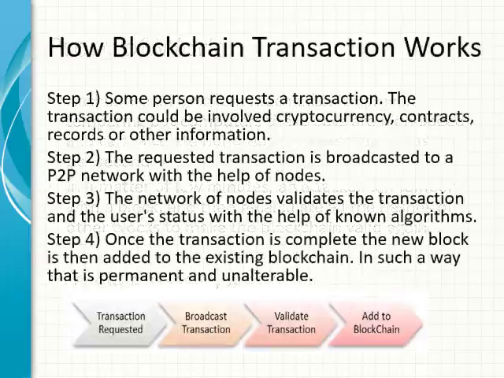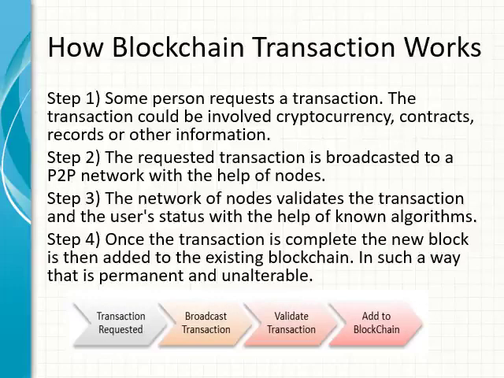So how does a blockchain transaction work? In blockchain, if some person requests a transaction, there may be several types of transaction, like cryptocurrency such as Bitcoin, or contracts, or records, or other information. If some person initiates a transaction, then that transaction is broadcast to a P2P network with the help of nodes.